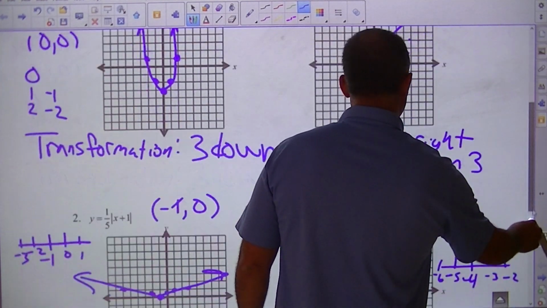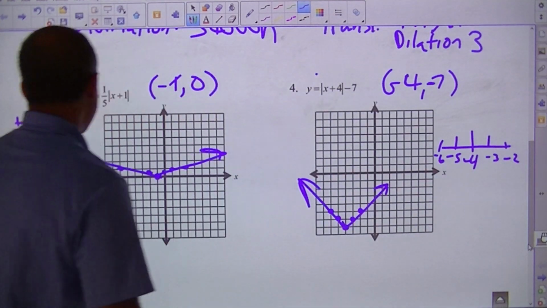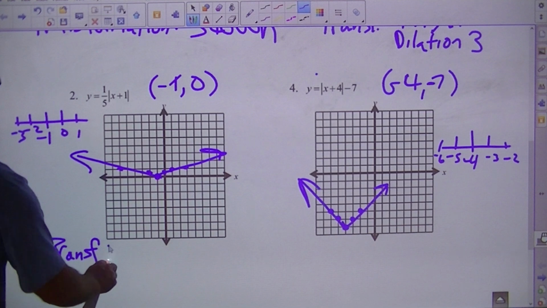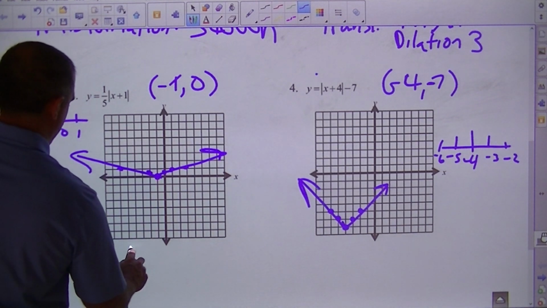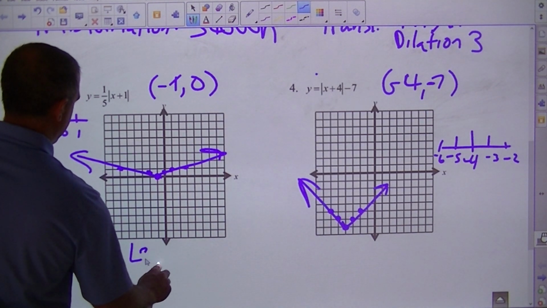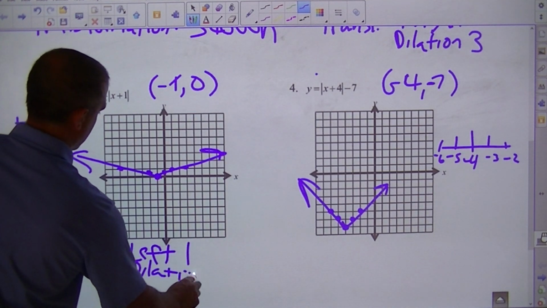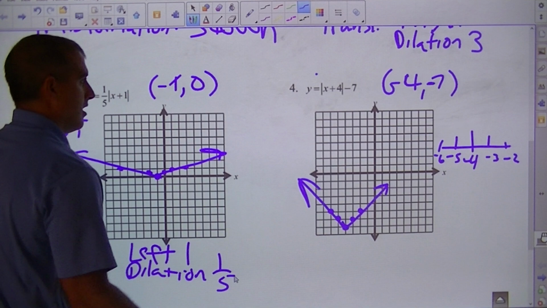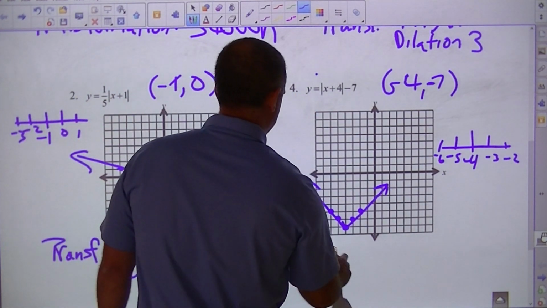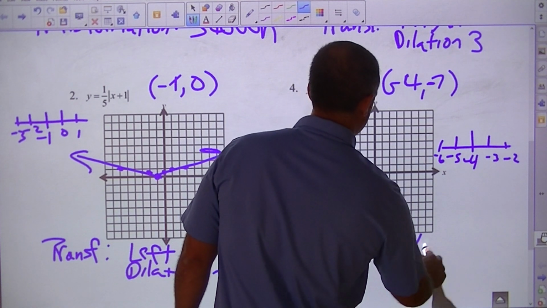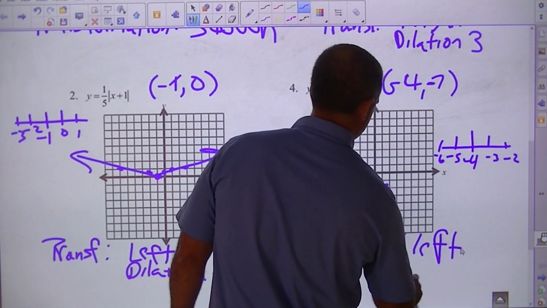Okay? Same thing here. If I was writing the transformation for this, okay, I would write left 1 with a dilation of 1/5. And this one, for the transformation component, I would write 4 left, 7 down.